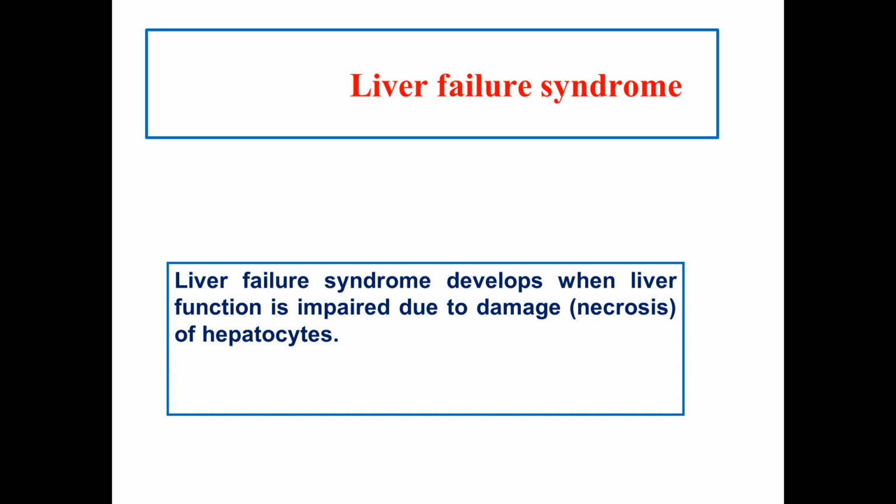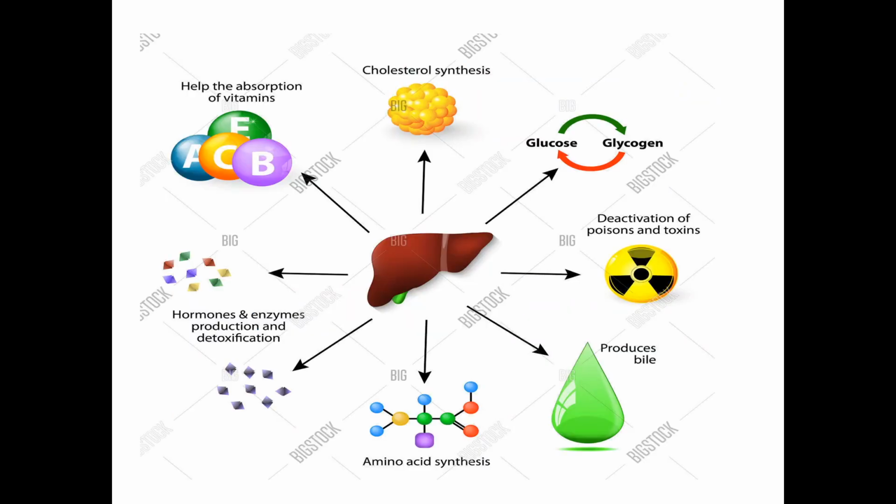The next syndrome is liver failure syndrome. Liver failure syndrome develops when liver function is impaired due to damage or necrosis of hepatocytes. To better understand liver failure syndrome, you should remember all the functions of the liver. First place is amino acid synthesis and synthesis of protein from amino acids. The liver produces proteins for the whole body, including blood proteins like albumins and globulins.